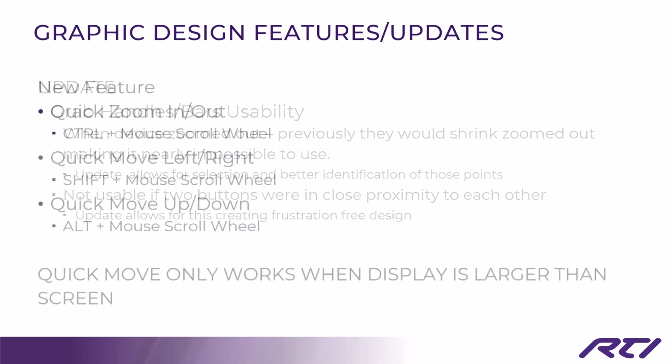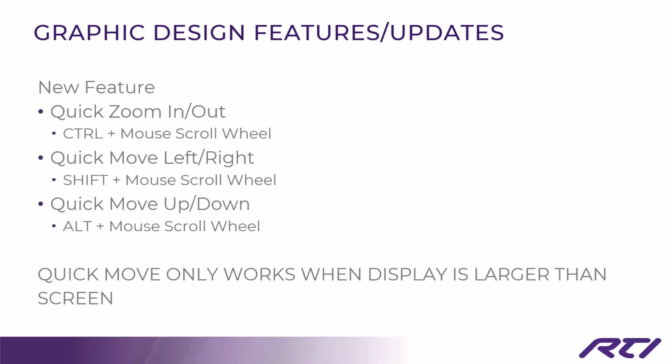The other new features that we included in Integration Designer 11.3 included some quick zoom in, zoom out, and move features. Now, what does that mean? Well, as most of you know, in most programs on Windows-based devices, you can utilize quick key shortcuts, as we can in Integration Designer 11, using Control Q as an example to change orientations.